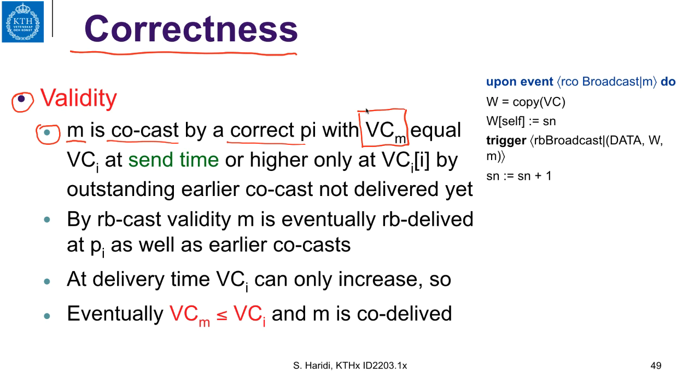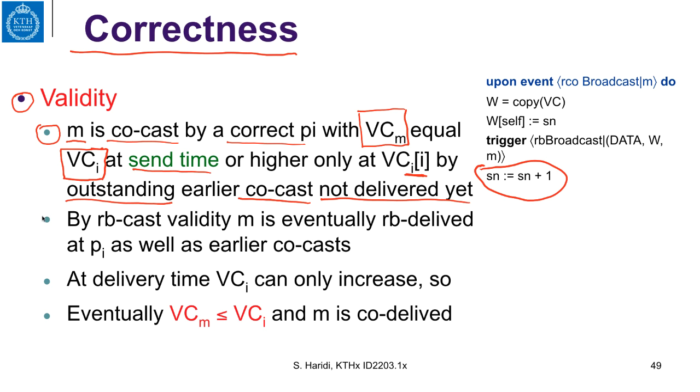And that vector clock is either equal to the local vector clock of the process at send time, or higher only at the element of that process in the vector clock by the outstanding earlier causally broadcast messages that are not delivered. This mechanism is guaranteed by incrementing the sequence number here, as you can see in the code.